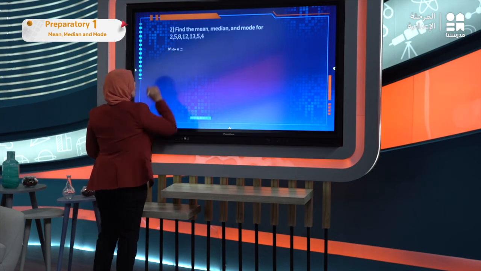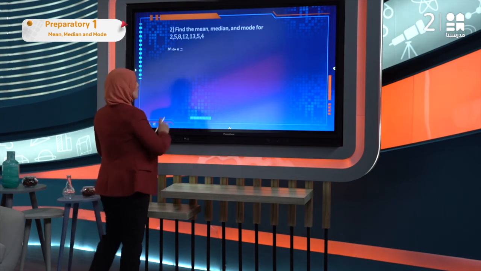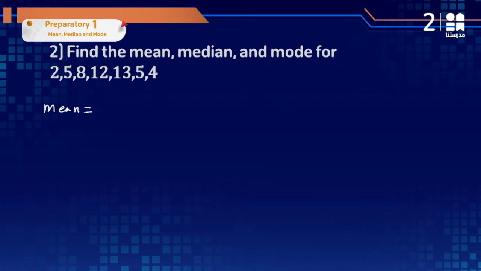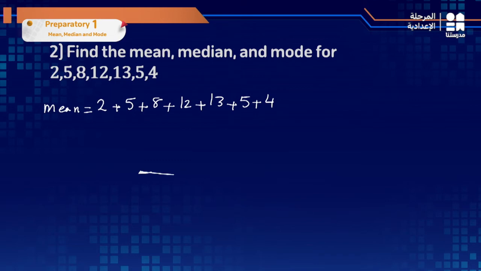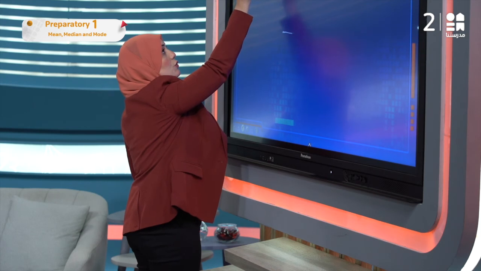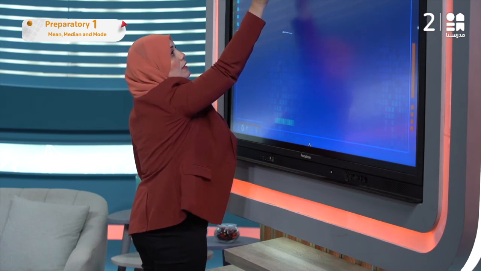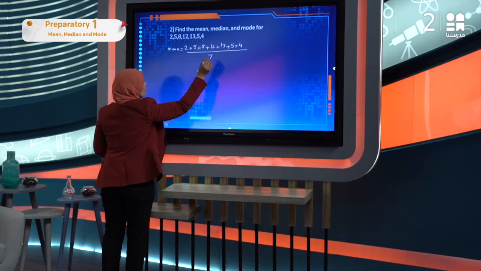How can we find the mean? Add all of them, divide by the number of values. So 2 plus 5 plus 8 plus 12 plus 13 plus 5 plus 4 over, how many values are there? Let's count them. 1, 2, 3, 4, 5, 6, 7. So we are going to divide by 7.